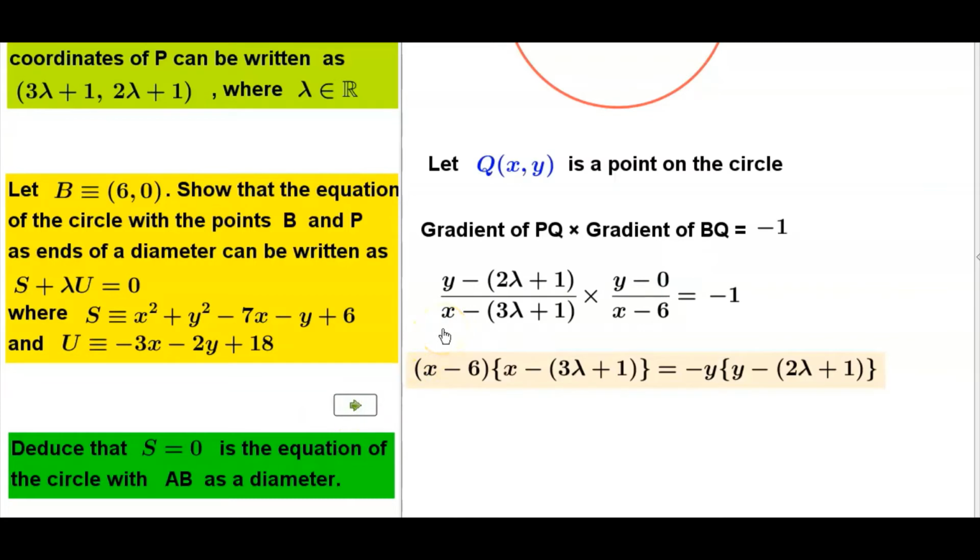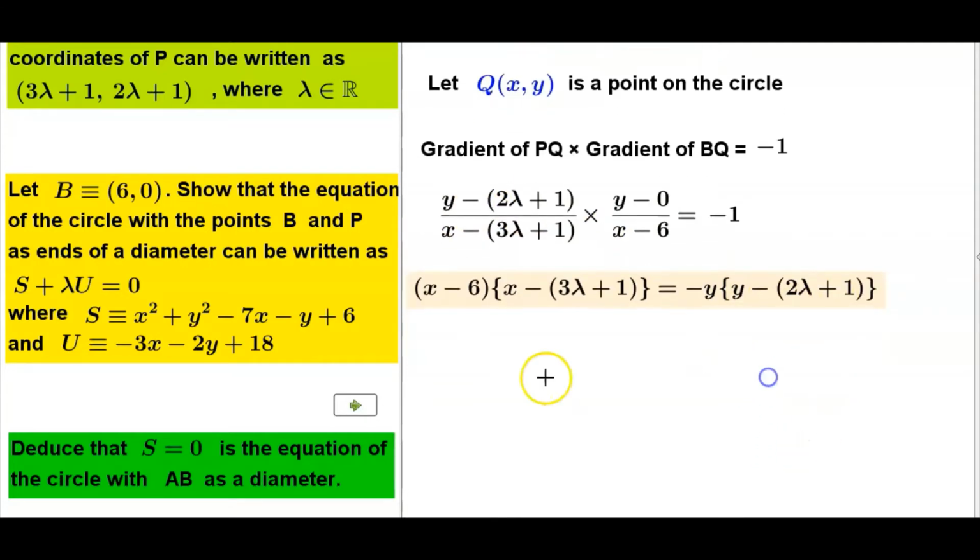Okay, now we do some calculation by cross multiplication and simplify. x minus 6 times the bracket x minus 3 lambda minus 1 is equal to minus y times y minus 2 lambda minus 1.